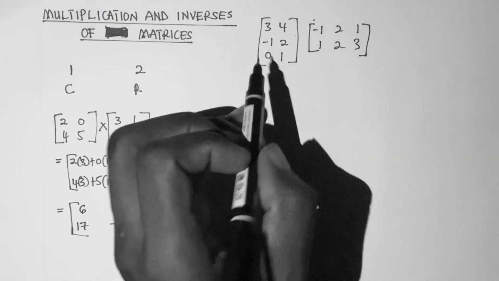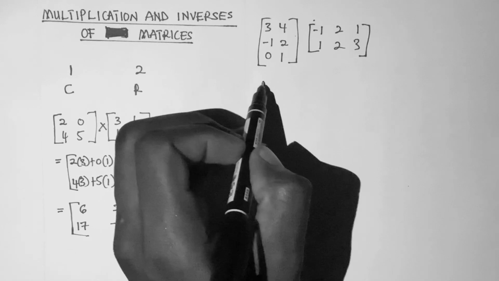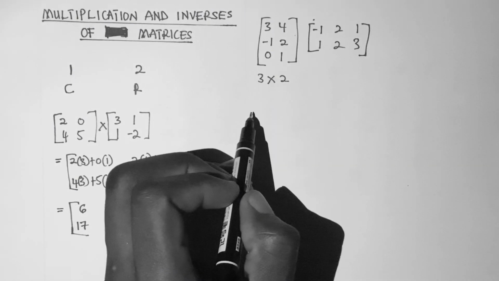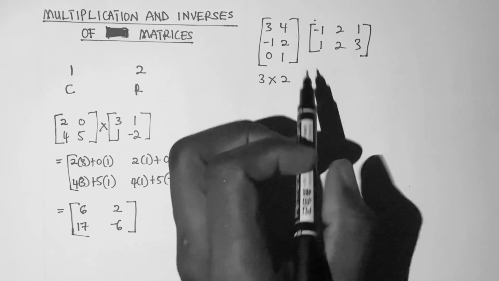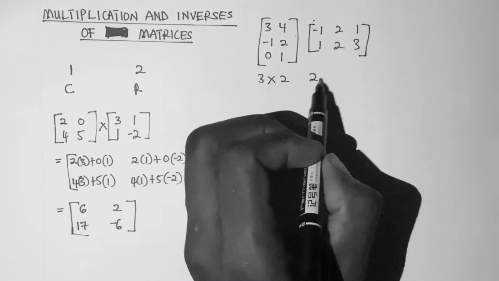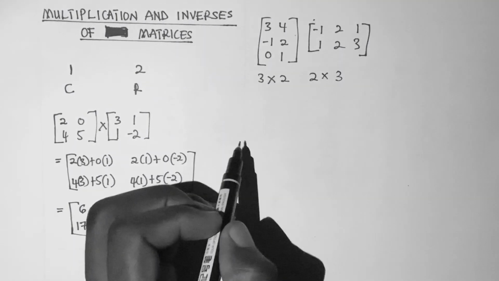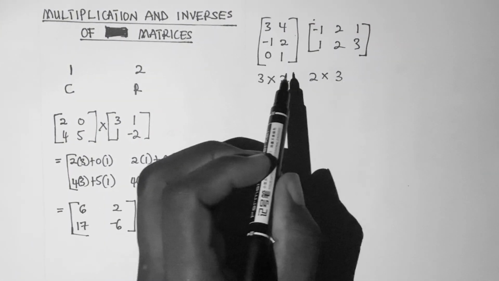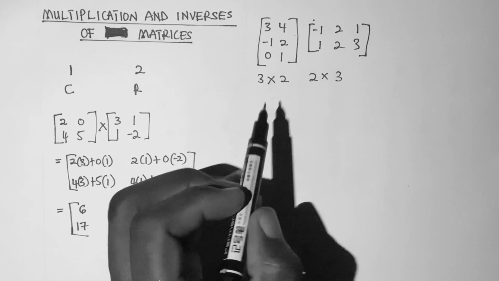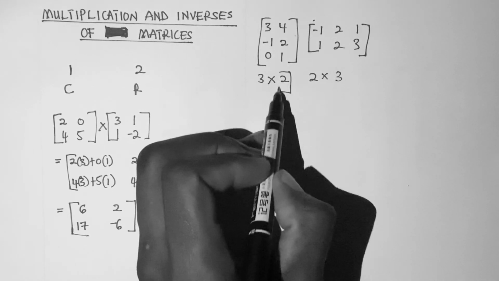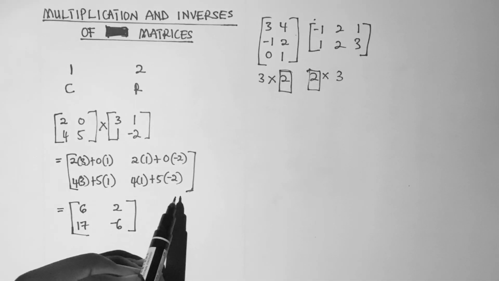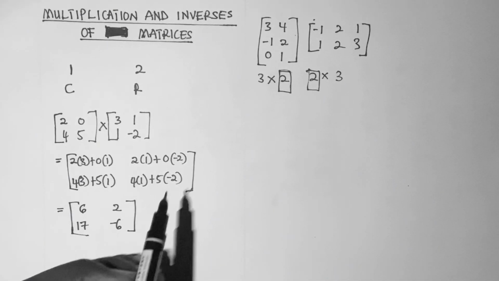You see that this first matrix is a 3 by 2 matrix, and this second matrix is a 2 by 3 matrix. The number of columns in the first matrix must be equal to the number of rows in the second matrix. So you can see that this one has 2 columns and this one has 2 rows. So we can multiply the two matrices.